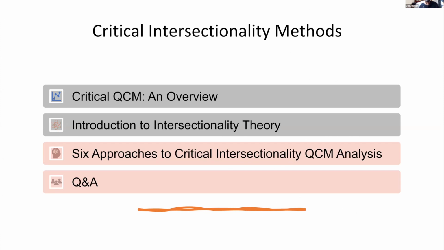And then I have 6 approaches to critical intersectionality QCM analysis. Now, it's a mouthful, but basically, there are ways to try to get at the intersectionality effect that is theorized a lot about in critical feminist, Black feminist work. And so those theories require of us a particular methodological approach. And then after that, we'll do Q&A.